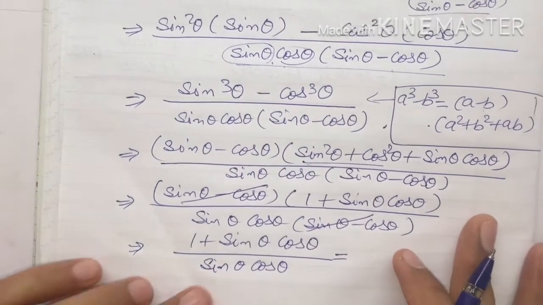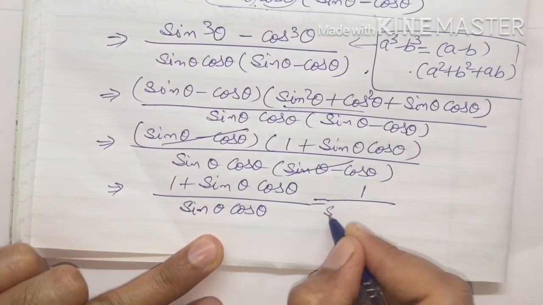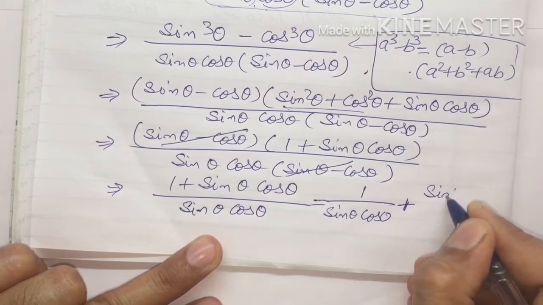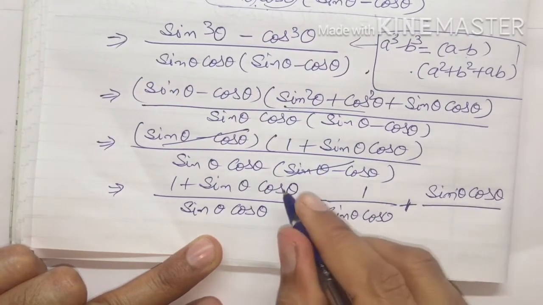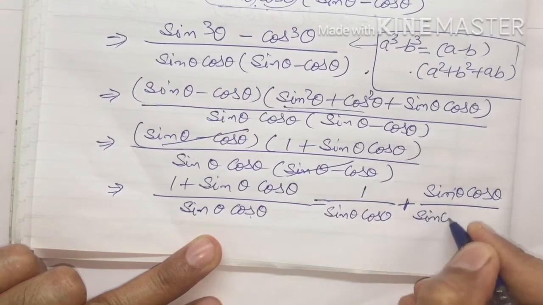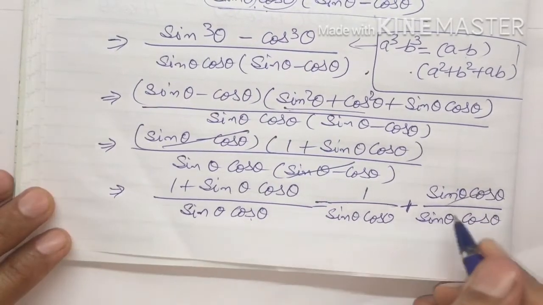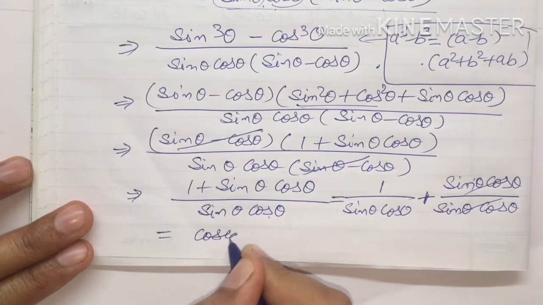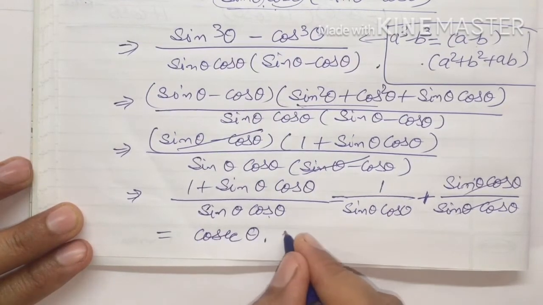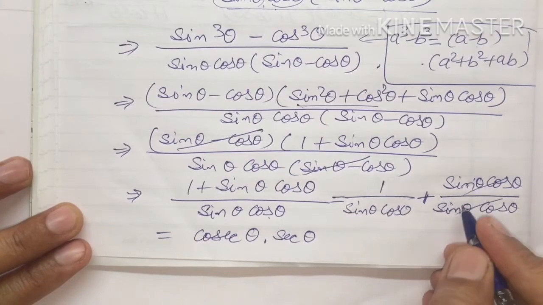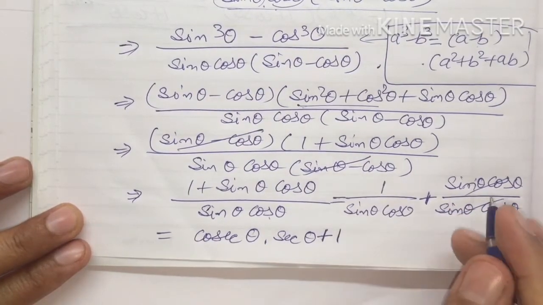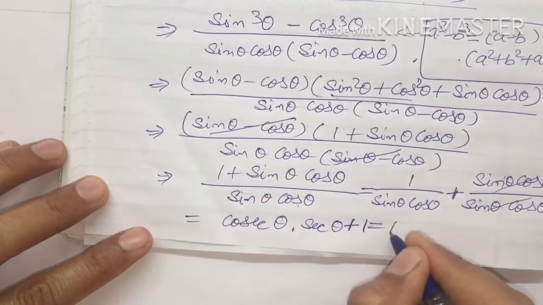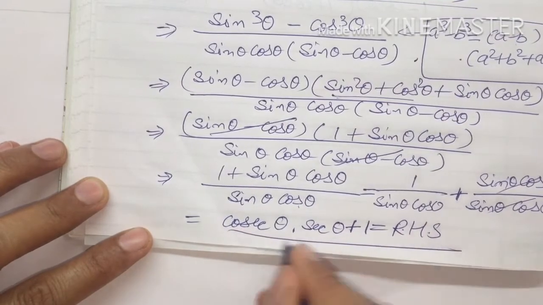So we can write these two terms separately, means 1 upon sine theta cos theta plus sine theta cos theta upon sine theta cos theta. So this will cancel, and this is 1 upon sine is cosecant theta, and 1 upon cos is secant theta, and plus is there. So this is equal to our right hand side.